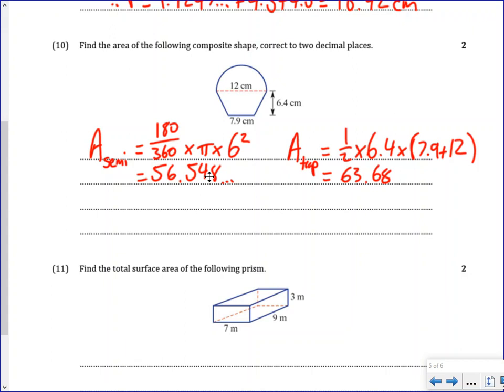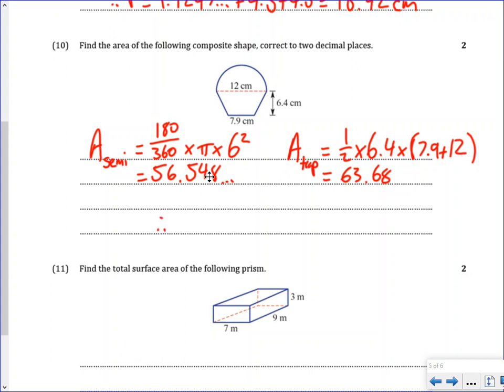Now, we have these two numbers. Hopefully you've saved that number into your calculator. If you don't remember how to save that number into your calculator, ask me. But annoyingly, I didn't. So I'm going to have to quickly do that again. So I have that number in my calculator, and now I'm going to add that to 63.68.